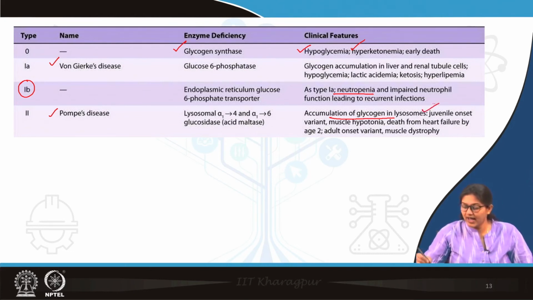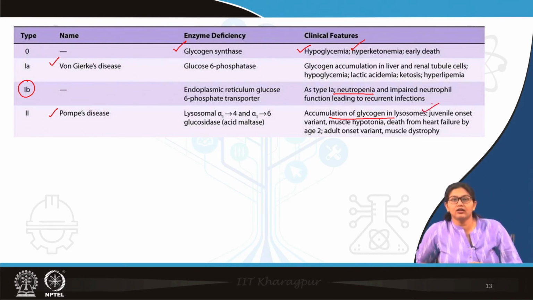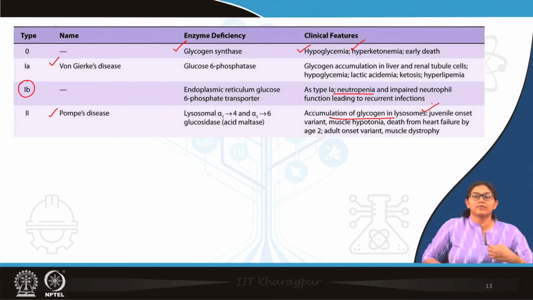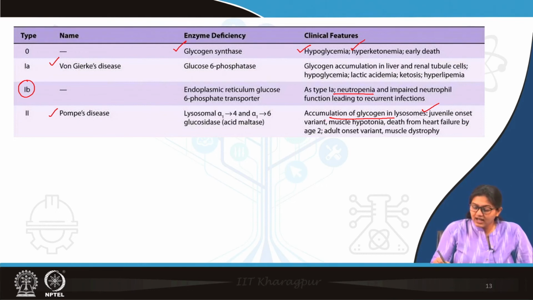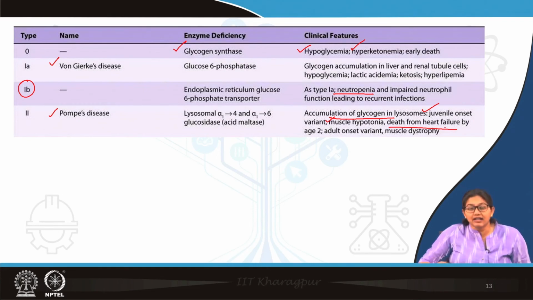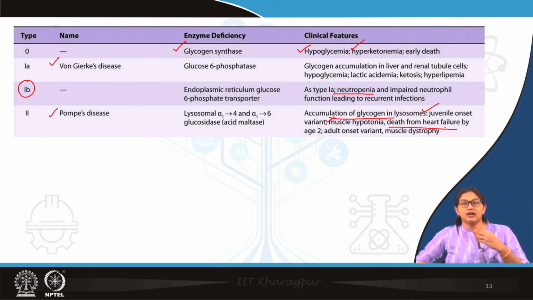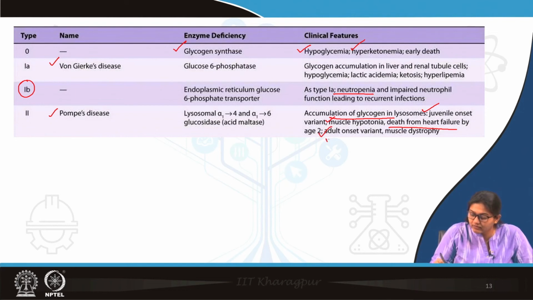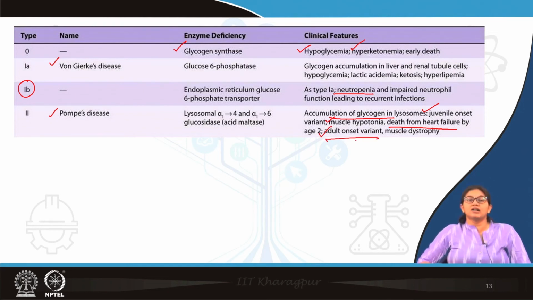In these patients the manifestation is the juvenile variant. So juvenile persons manifest with muscle hypotonia, and finally the heart is affected. So death from heart failure occurs at a very early age. Sometimes there is another adult variant which causes muscle dystrophy.